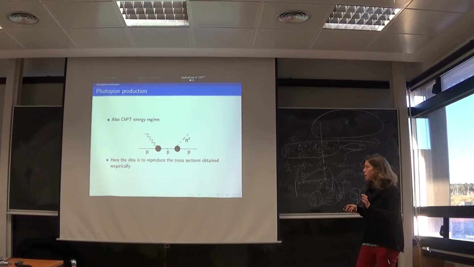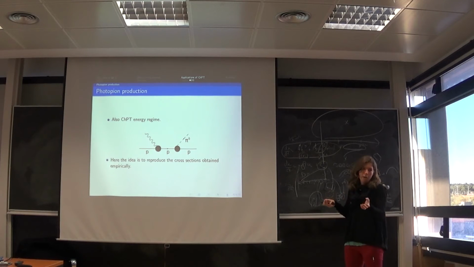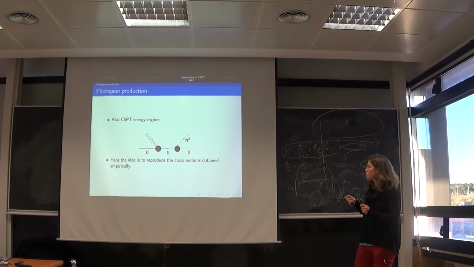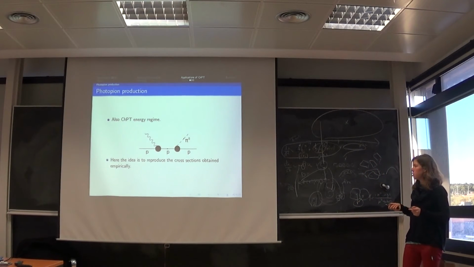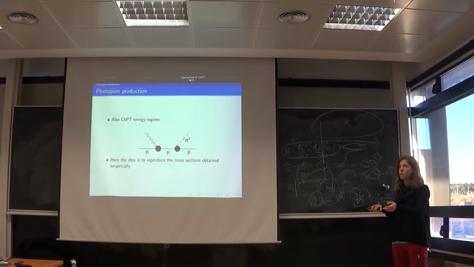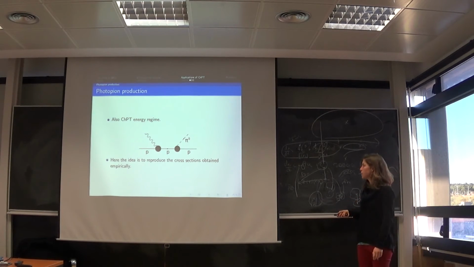And here the idea is we have the experiments and we want to reproduce the cross sections of those experiments. Here it's more the preliminary phase of the use of chiral perturbation theory. We're not predicting new stuff, we're still adapting the chiral perturbation theory to the experiment and doing fits to try to make it better to be usable in other situations.